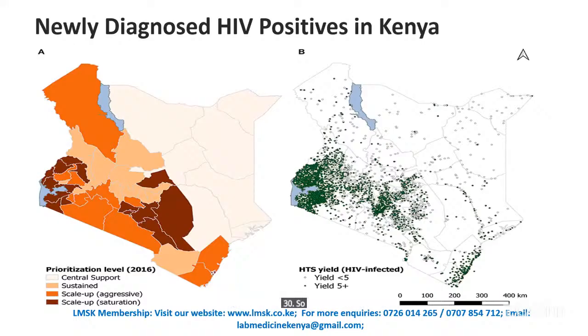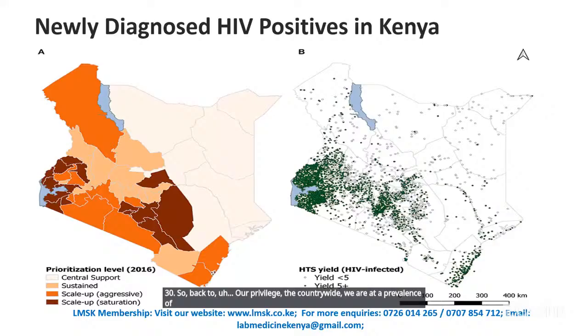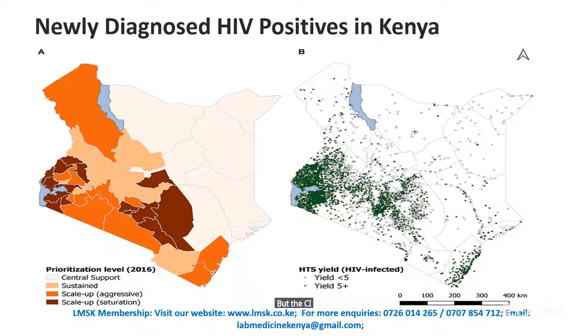Back to our prevalence, countrywide, we are at a prevalence of 3.3, but the prevalence in this region is still a bit higher compared to the national. The areas which are marked dark brown need the upper scale up. Why do we say that?